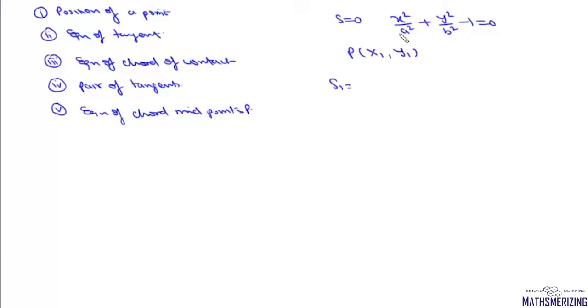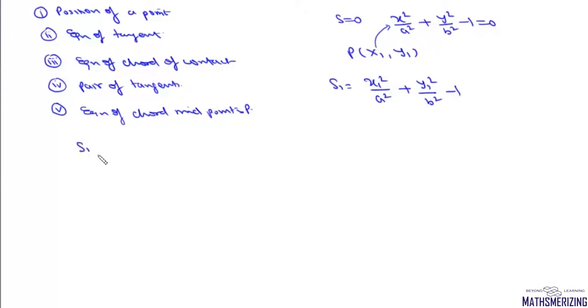So all we need to do is we'll just need to put the value of x and y in the equation. So we'll replace x with x1 and we'll replace y with y1. So we'll get x1 square upon a square plus y1 square upon b square minus 1. Now this S1, it's a value which could be negative, positive or 0.